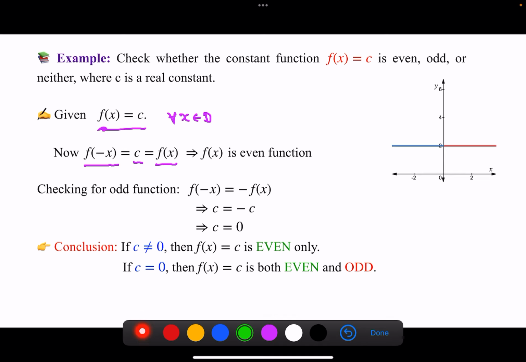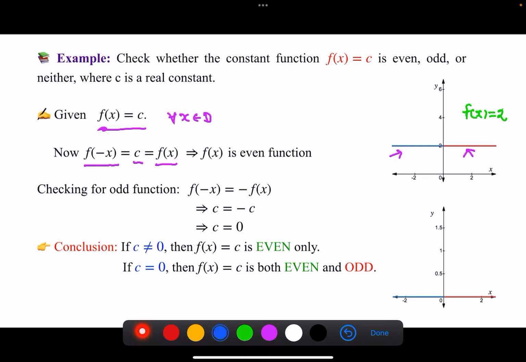If we draw the graph of the constant function f of x equal to 2, here c is 2, which is non-zero. We see that this graph is symmetric about the y-axis. The left side is the mirror image of the right side. Hence, it is an even function.